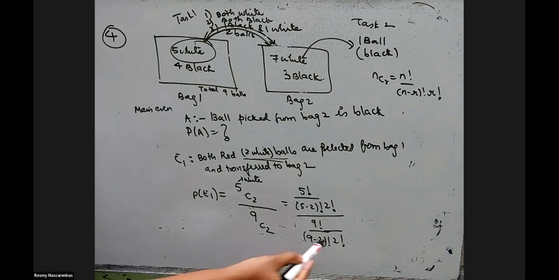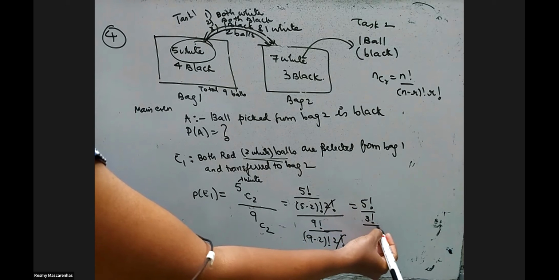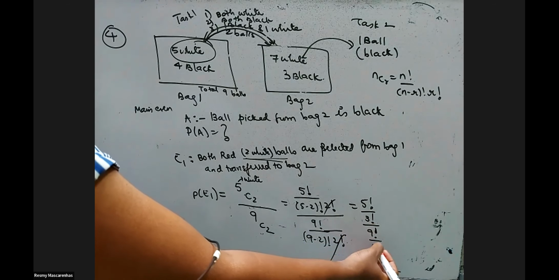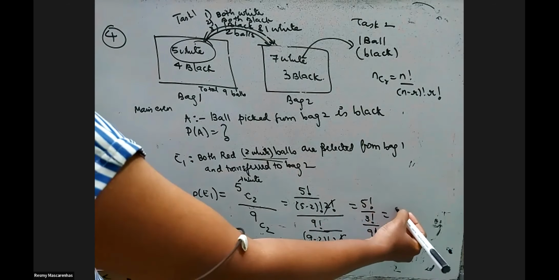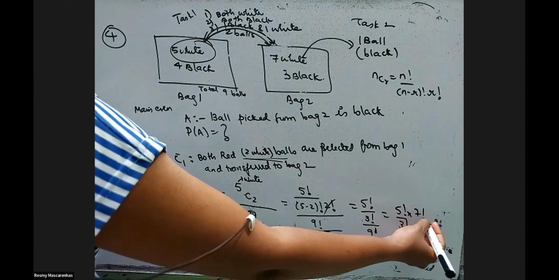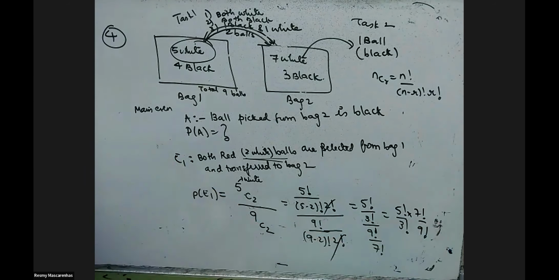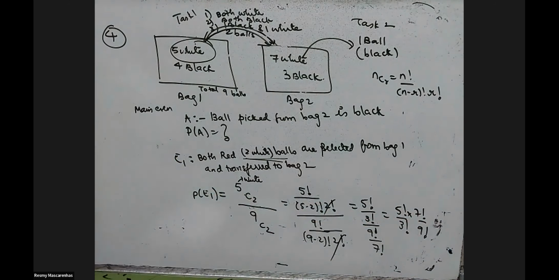The 2 and 2 can directly cancel. So this will become 5 factorial upon 3 factorial, over 9 factorial upon 7 factorial. Make it reverse: A upon B, C upon D, it reverses. Now we have to simplify.